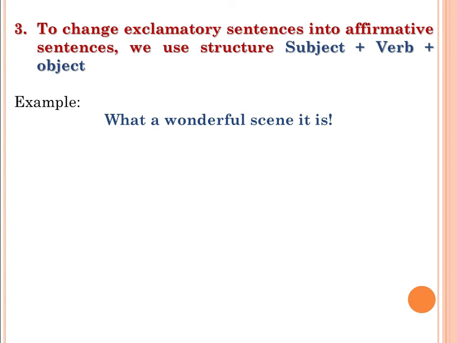Now as you know very well, this is an exclamatory sentence which is describing the noun "scene" by using the adjective "wonderful", and you can see the subject "it" and the verb "is" are used at the end. So if I want to change this sentence into the affirmative case, we will use the structure subject, verb and object. Means "it" will come in the beginning, after that we will have the verb "is", and "a wonderful scene" as an object will be used, and the sentence would be: It is a wonderful scene.